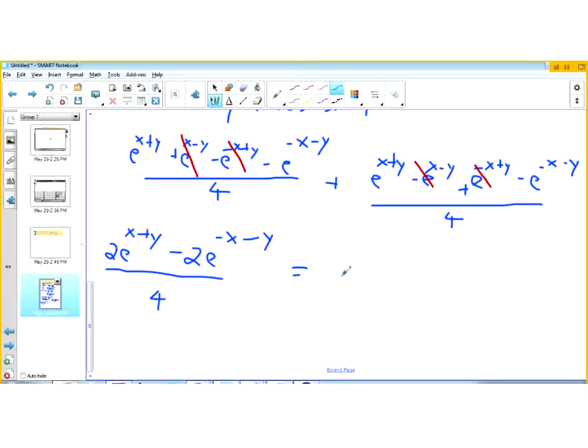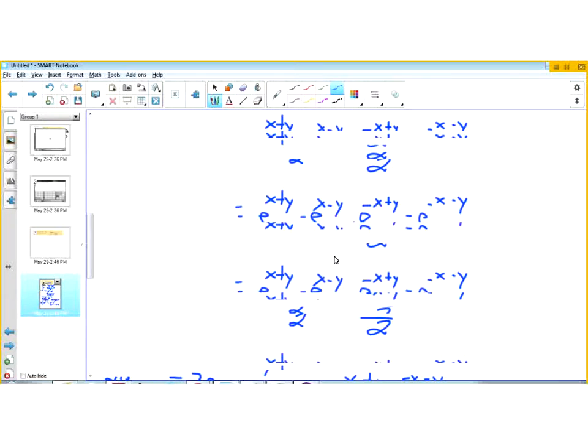Okay, and then we can cancel the 2, so we're left with e to the x plus y minus e to the minus x minus y over 2, which is equal to the sinh of x plus y. Sorry, that should be a minus right there. Okay, the sinh of x plus y. Right? So we proved a hyperbolic identity.